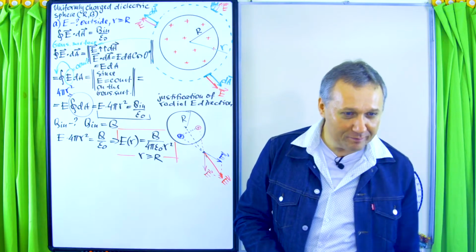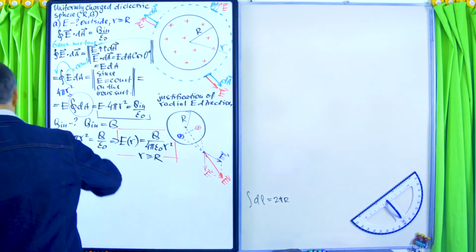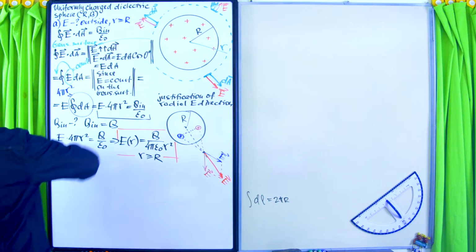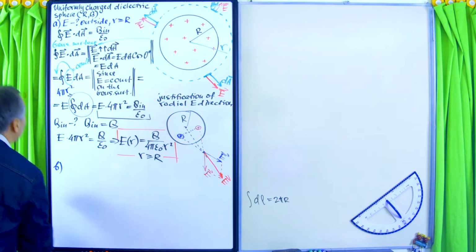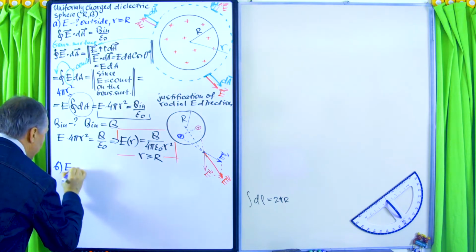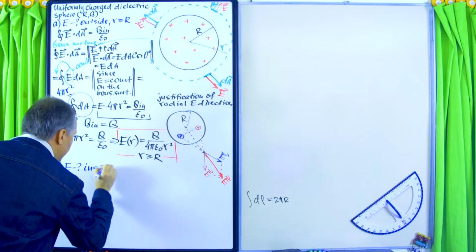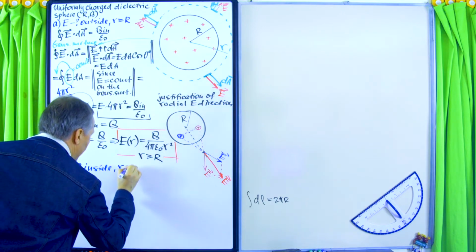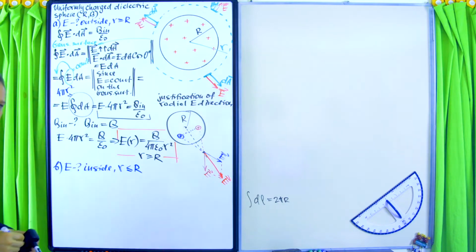Now let's do part B. Let's find the electric field inside. So now I use blue. Part B, we still need to find the electric field, but now it is inside, for r small, smaller or equal to r capital.